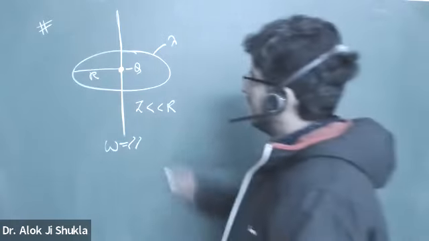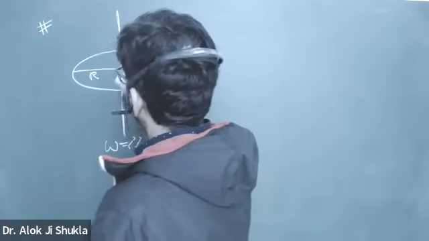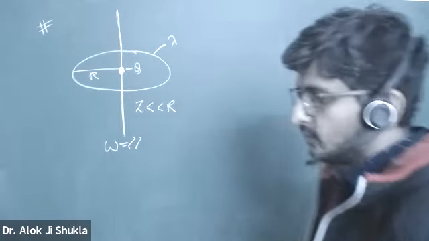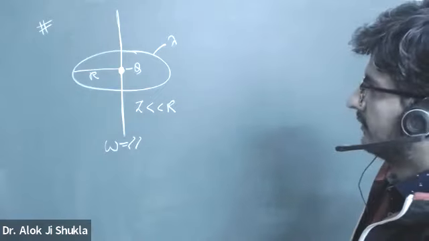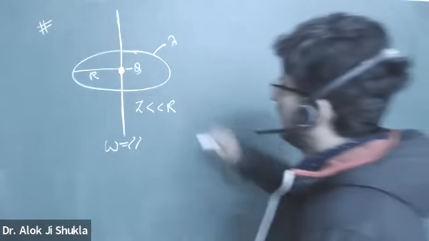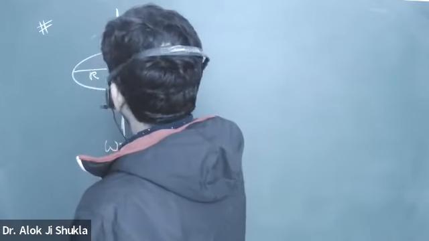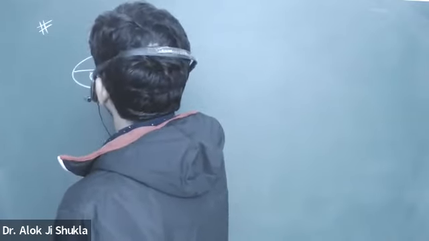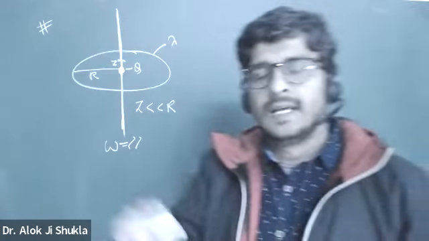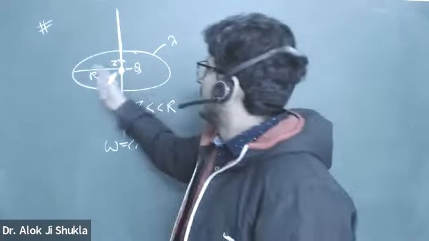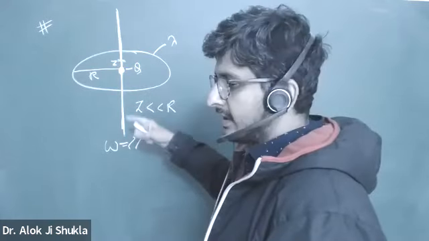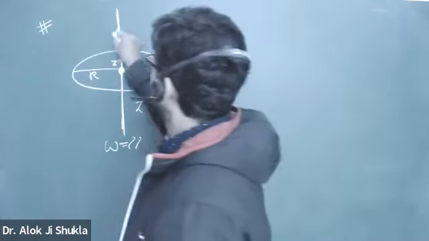So what is electric field here? 0. Yes. And if you displace this little bit, say some distance z, then because net electric field is, you remember, net electric field is in this direction.